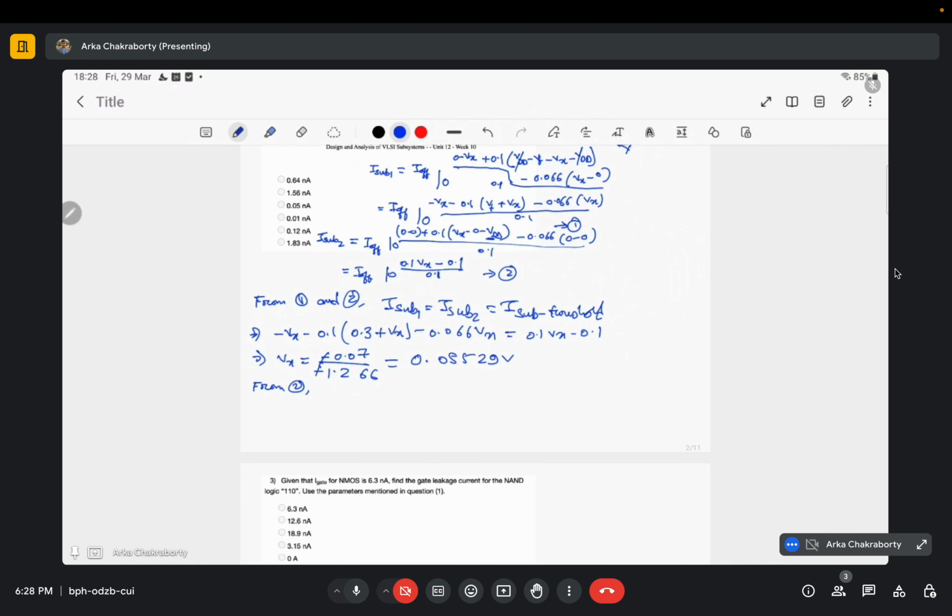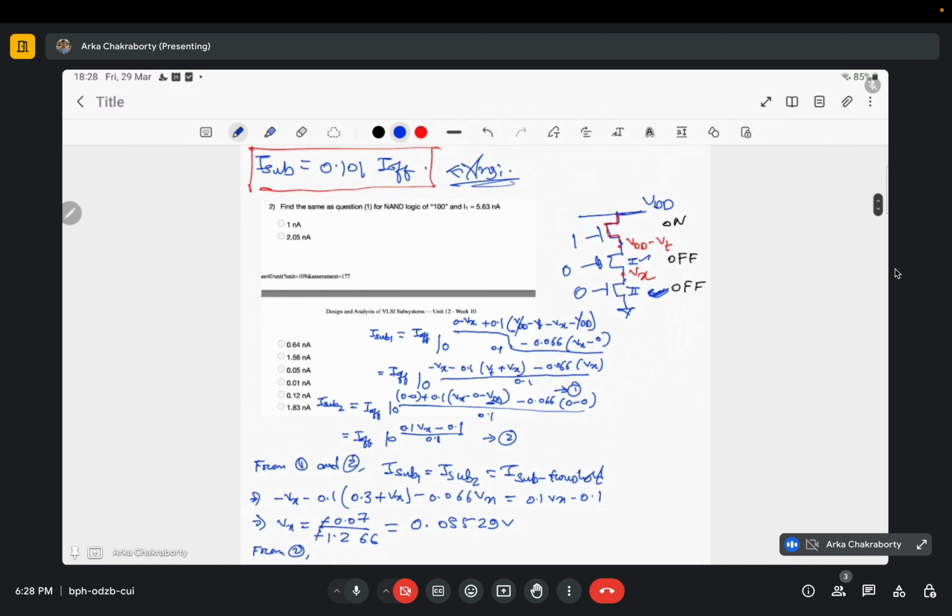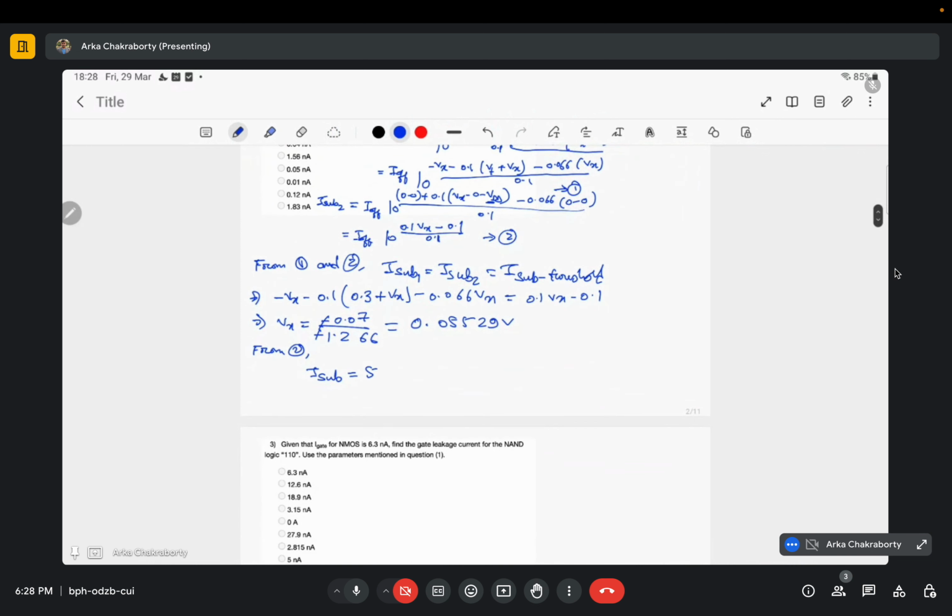Putting Vx in equation 2, I will get I sub as I of is given as how much? I of is given as 5.63 nanoampere.